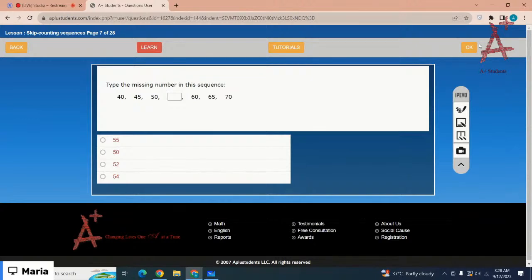Yes, the correct option is, very good, 55. The pattern is growing by 5 every time, so it is 55.